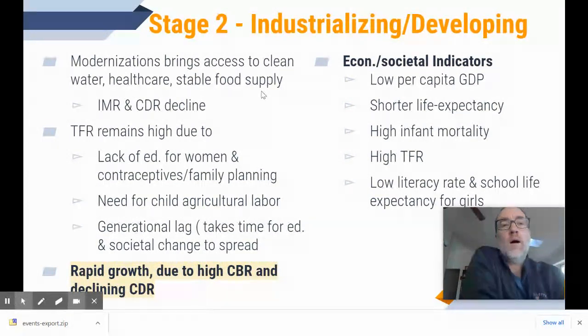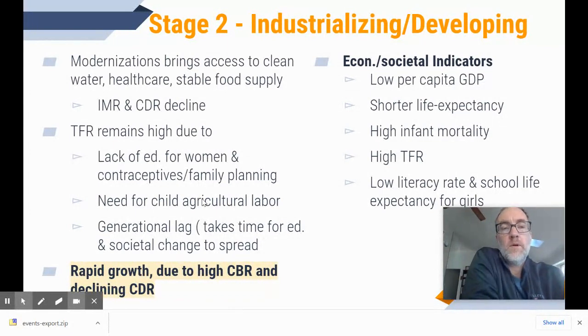Stage 2, and we do have some countries that are doing this, where they start to modernize. They have clean water, healthcare, and a stable food supply. You see a decline in birth and death rates and infant mortality rates. TFR still remains high because usually there's a lack of education for women, contraception, and a need for children in labor. There's usually a generational lag. In order for societal changes to happen, first there's a time period between the economic change and the societal change.